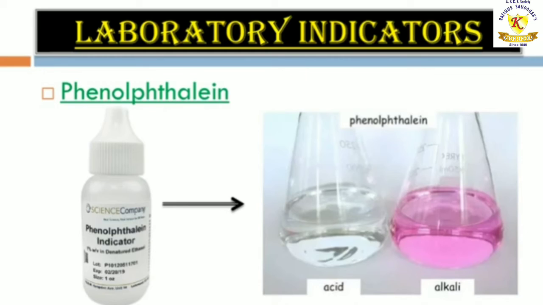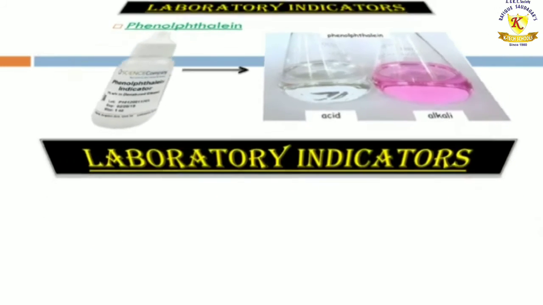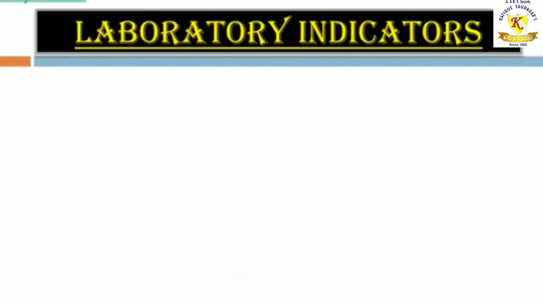And when we add phenolphthalein to a solution and that solution turns pink in color, that solution is alkaline in nature or basic. As you can see in this picture, children, when phenolphthalein indicator is added to acid, it is colorless, and pink means basic.